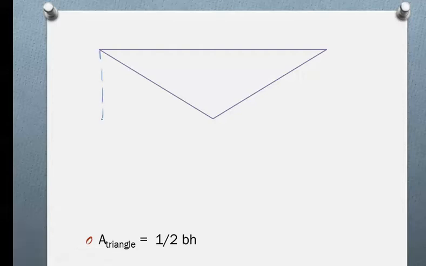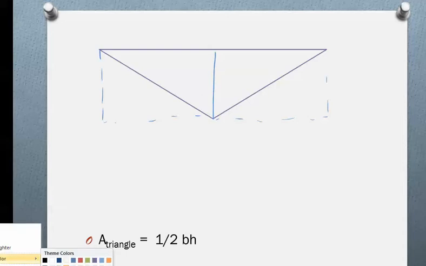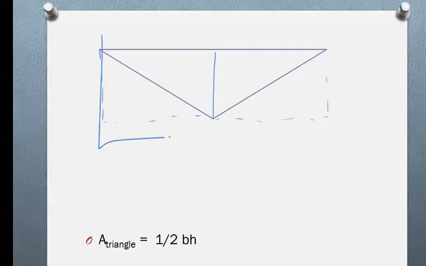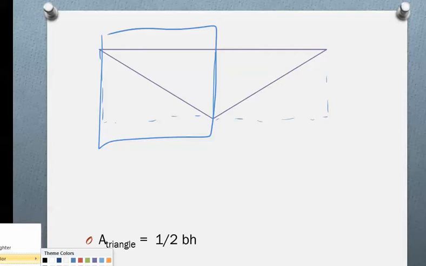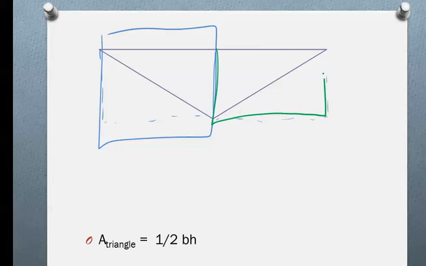Basically, if I extend two lines to make it perpendicular on both sides, and then make a line down the middle, you should hopefully notice that it creates two rectangles.